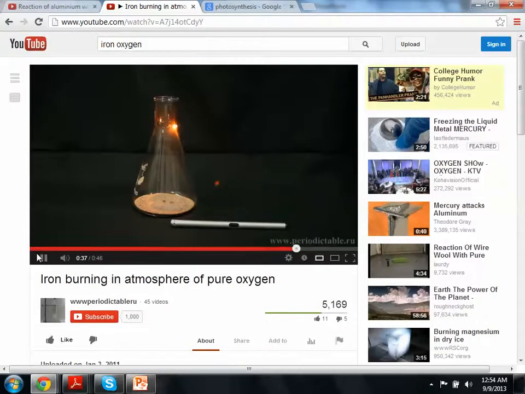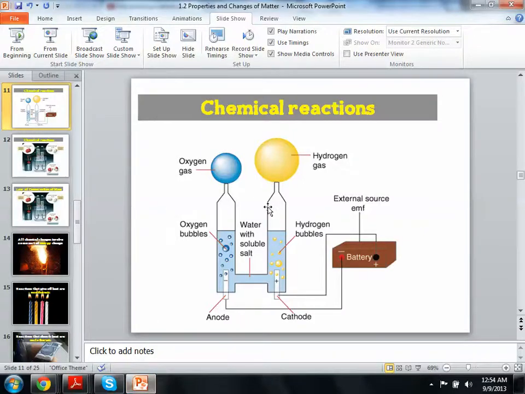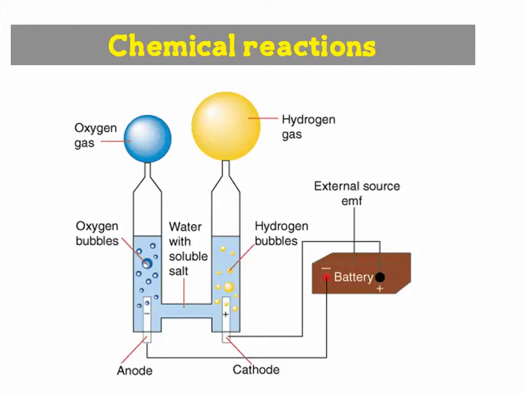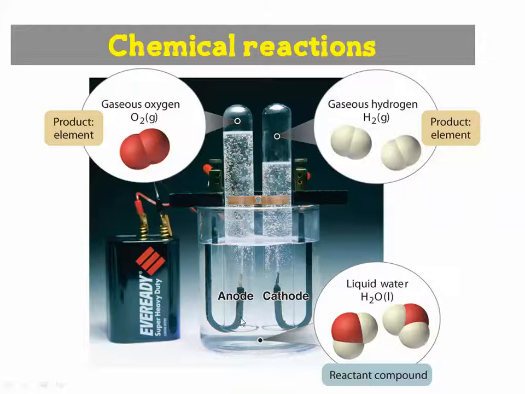Finally, one last example I'm going to show you is this one where we have the electrolysis of water. As you can see, this battery is connected to the water under two different test tubes.